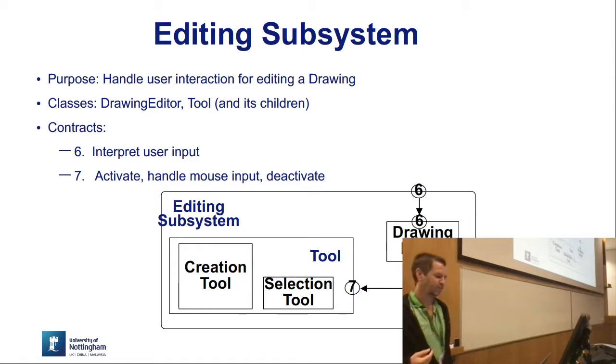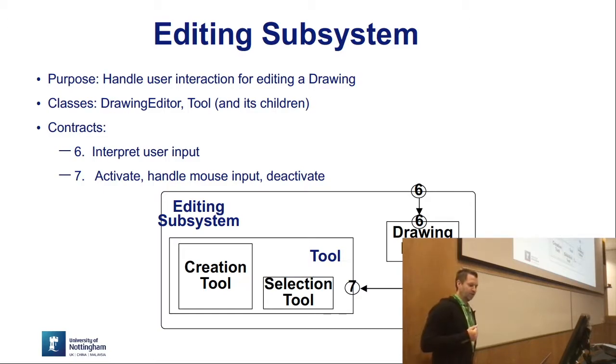We're going to keep using that example, by the way, like the visual paradigm. So this subsystem handles user interaction for editing a drawing, right? And it has two contracts. So instead of collaborating directly with the drawing editor class, we've defined a subsystem called the editing subsystem, and we collaborate with the editing subsystem.